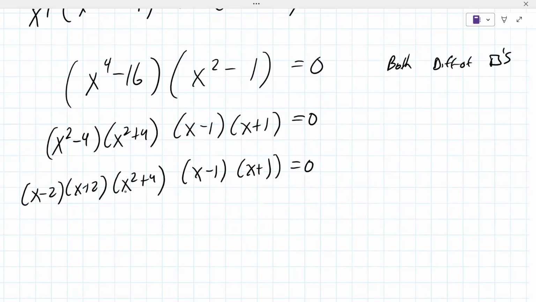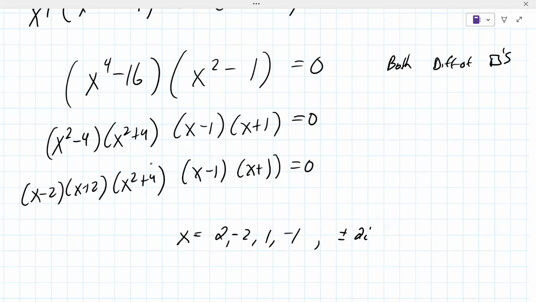Now my question to you is, are you going to be asked to solve the ones where they're not real or not? Let's see, on the checklist that she gave us, it says polynomial factor by grouping, 1 real, 2 complex.